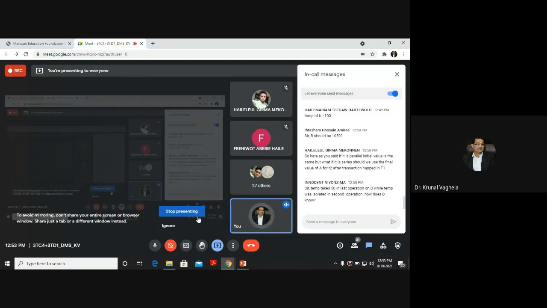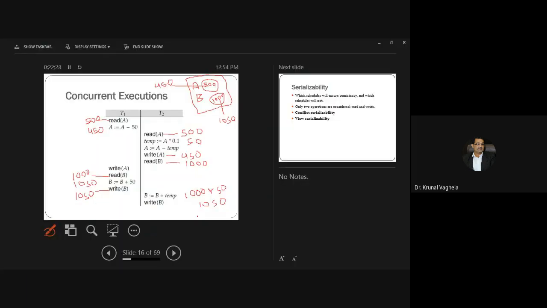Can you elaborate? The temp takes 50 in the last operation on B. How does B know? Here it's temp. Temp is calculated here. So B knows the temp.